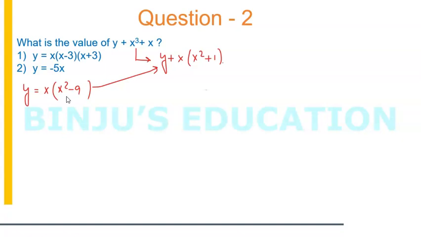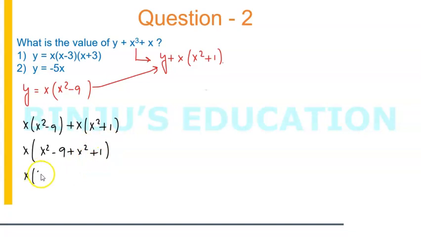So I simply have y is equal to x into x square minus 9. I'm going to straight away put it in the expression which I'm supposed to calculate. So this should give me x into x square minus 9 plus x into x square plus 1. Now I can again take x common. This will become x square minus 9 plus x square plus 1.